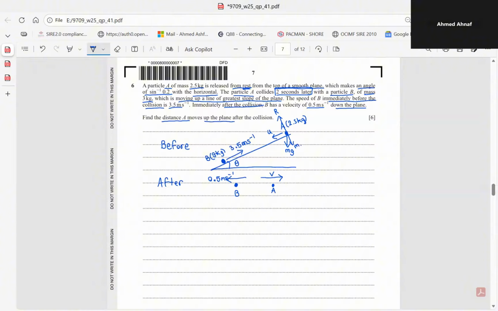So that is just mg cos theta. I'm not going to show how you derive the angle. We did that in the previous question. So R is equal to mg cos theta. So the force that is causing it to go downwards is actually the horizontal component of mg, which is mg sine theta.